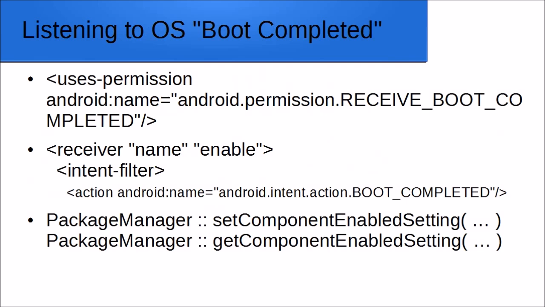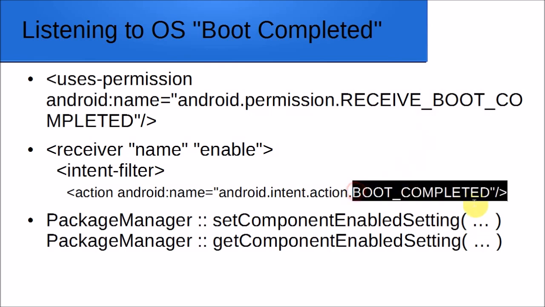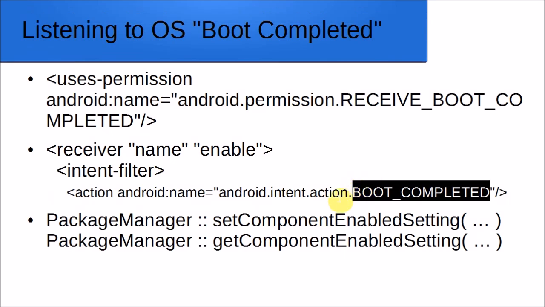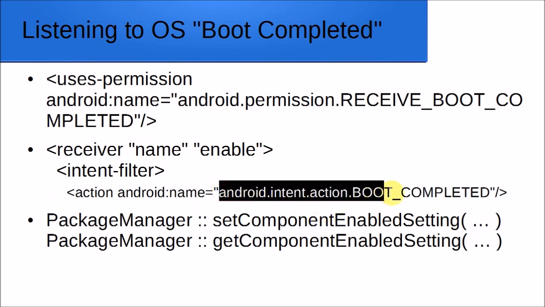So in this segment, I'll talk about how to start up a service automatically by intercepting the boot completed message. Basically, Android will finish booting, and then it's going to broadcast this message called boot completed. In Android lingo, they have this action called android.intent.action.BOOT_COMPLETED.